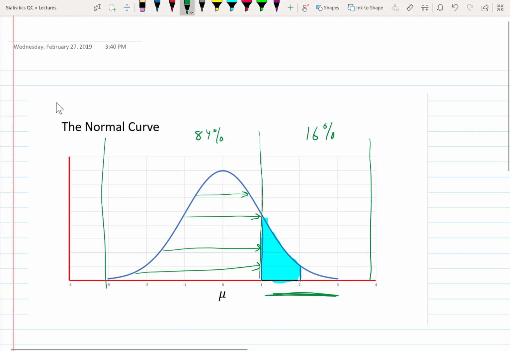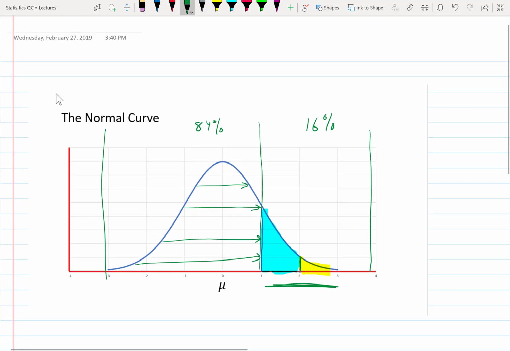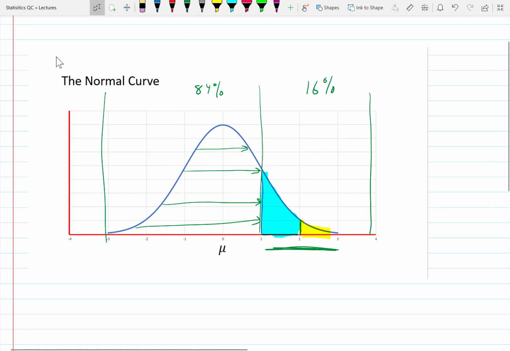So that gives us the blue area plus the yellow area. However, we're only interested in the blue area. Somehow, we have to figure out how to subtract the yellow area from what we have, from this 16%. All right, how do we do that?